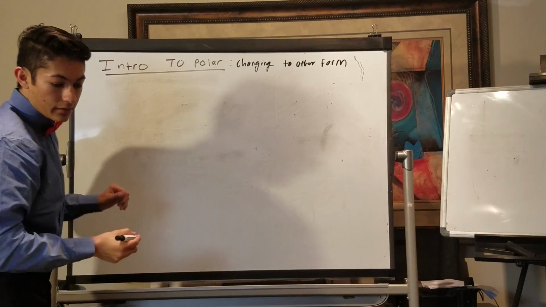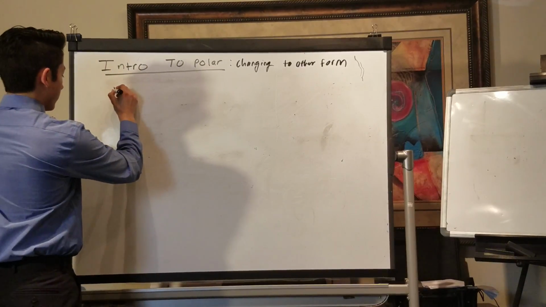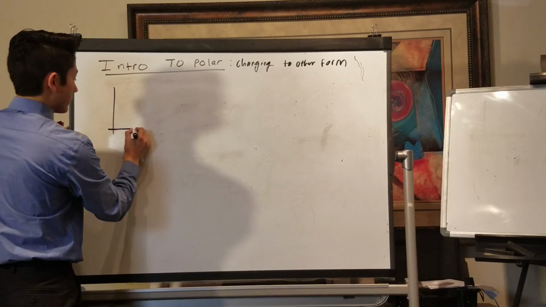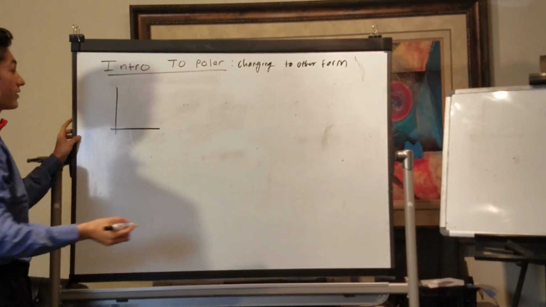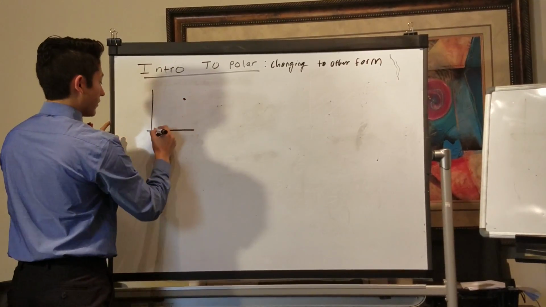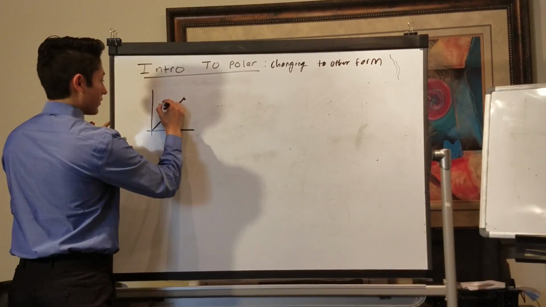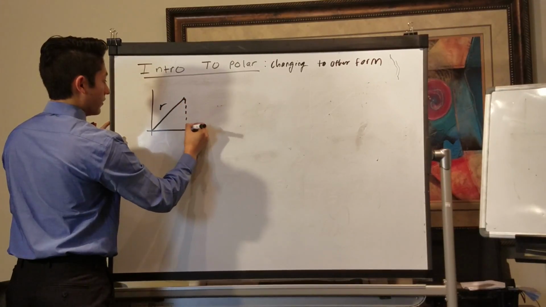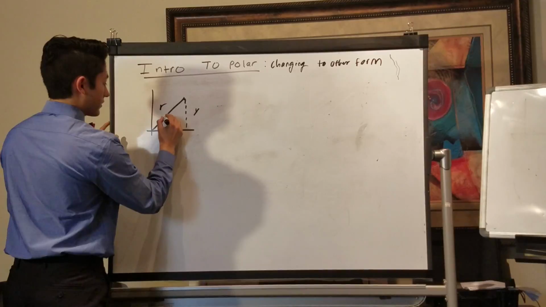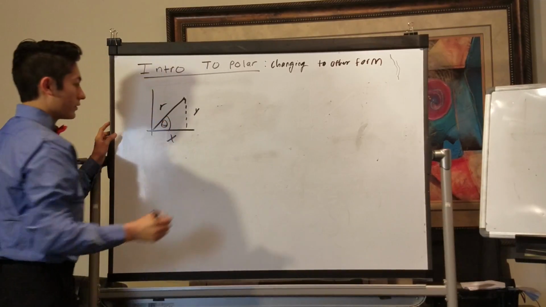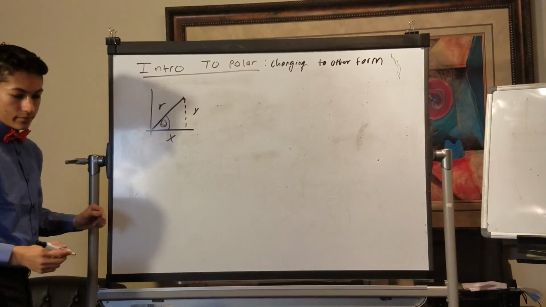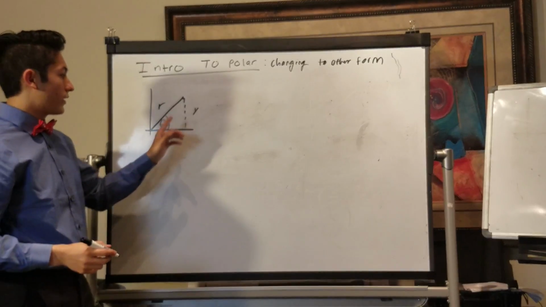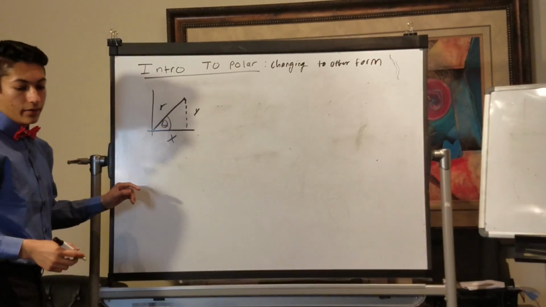So let's begin. We found in our other lesson the relationship between polar and rectangular: if you have a point, there's an r and a y and an x and theta, all in this one point. You're able to express it in terms of x and y or r and theta.